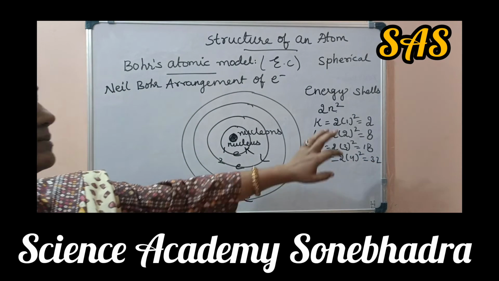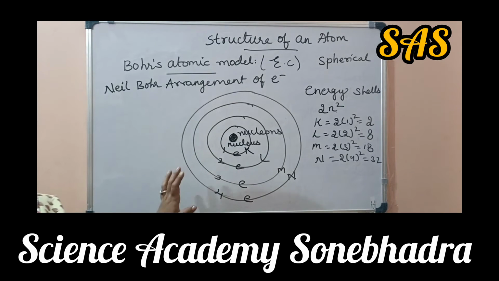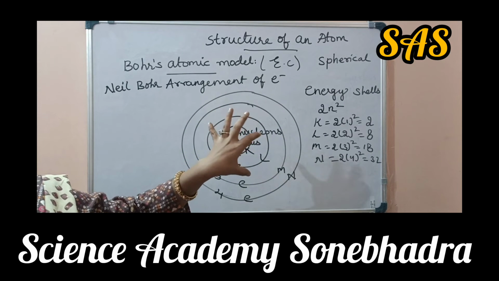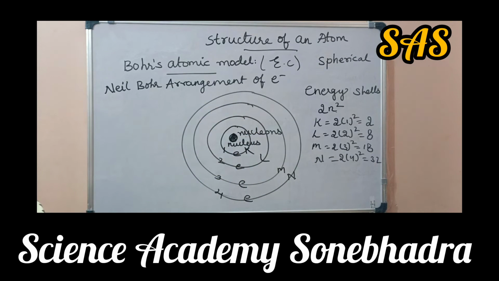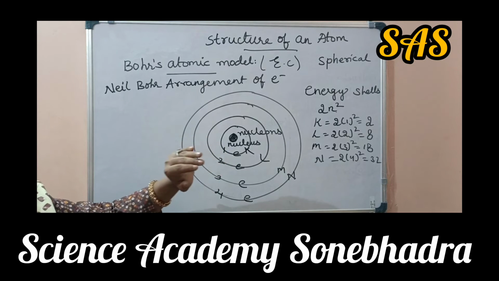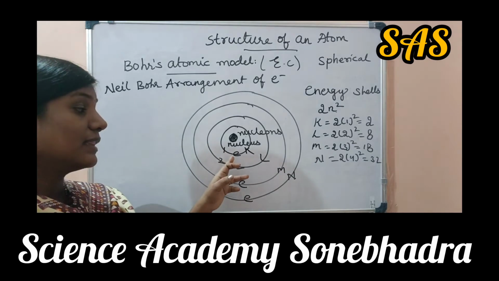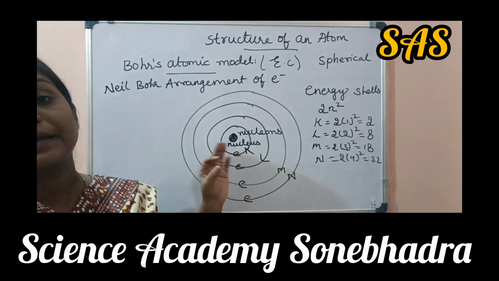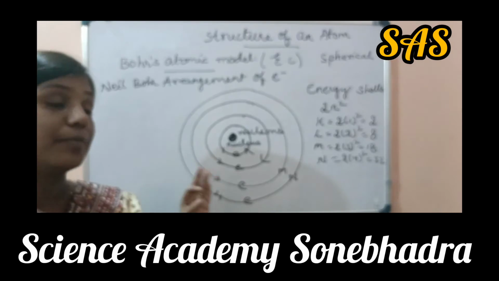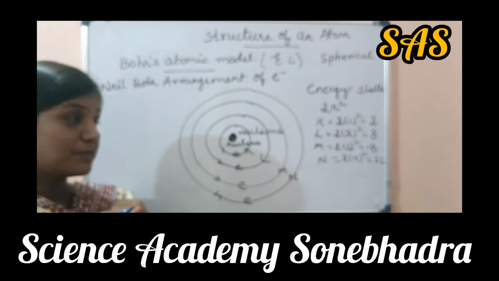These are the maximum number of electrons that can be accommodated in those specific orbits or shells. Not more than this. That means the first shell cannot contain 3 electrons. It can contain 1 electron but not 3 electrons. Why so? That we will also see here.